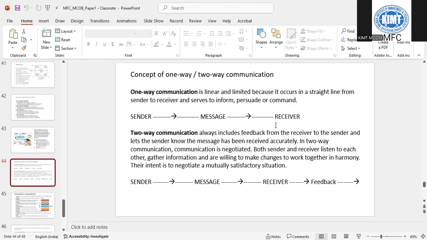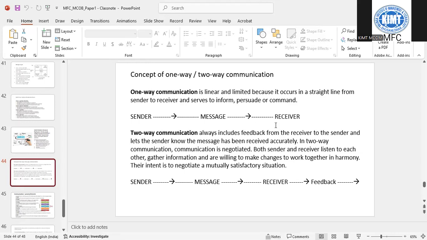I'm reading that. In two-way communication, communication is negotiated. Both sender and receiver listen to each other, gather information, and are willing to make changes to work together in harmony. Their intent is to negotiate a mutually satisfactory situation.